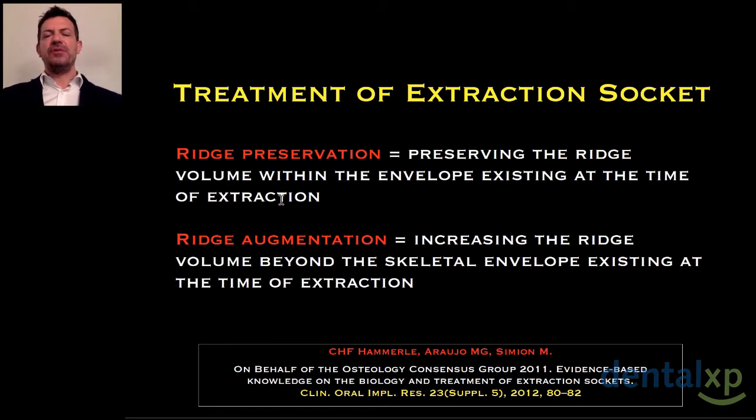But, for example, if the buccal bone is missing, well, in this situation, we cannot use the ridge preservation technique, but we have to move to the ridge augmentation technique.